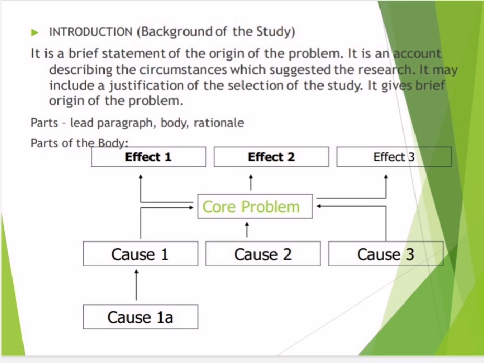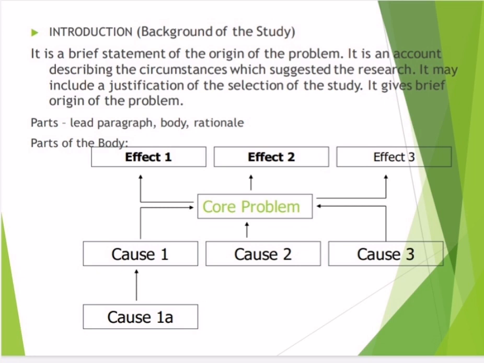So from now on, you may start thinking of a topic or a certain problem that you want to research, and then think of the causes of your problem and also the effects of that problem to you. And then maybe if it is approved, you can proceed in writing your research proposal from that topic or problem.